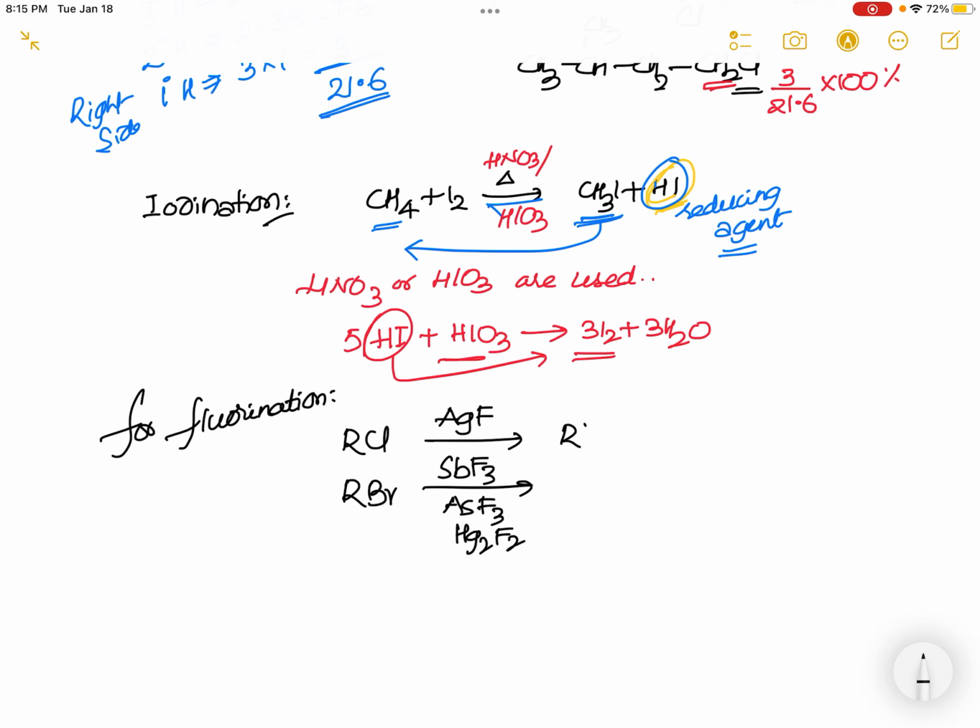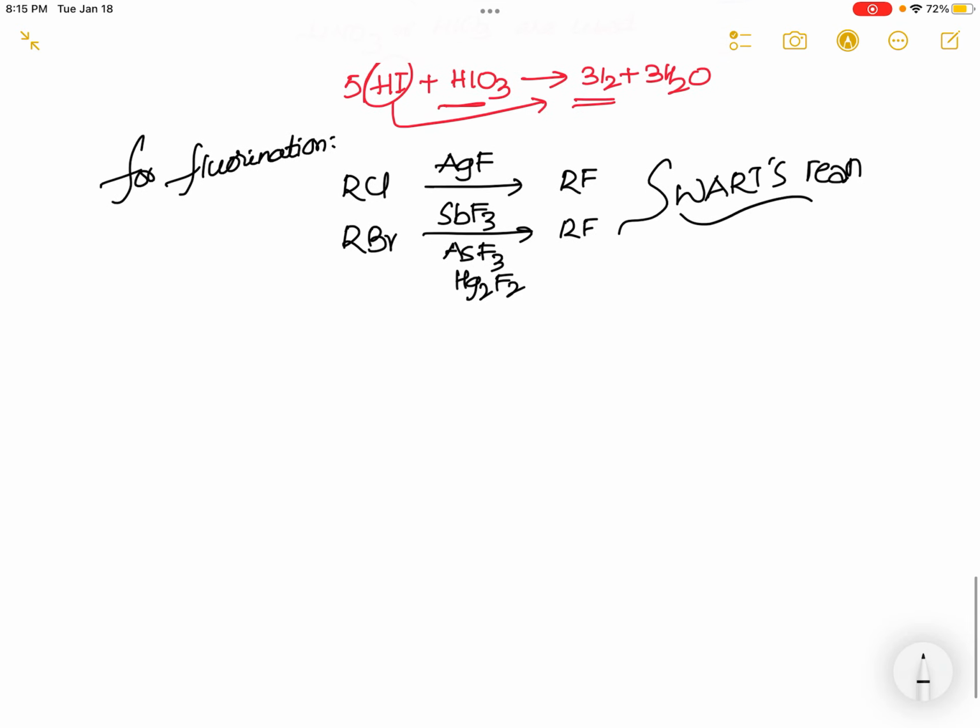All these are good, and you will be getting RF. All naming reactions are very important, so you can note this. Direct fluorination is not good, very violent, so we take an indirect method of preparation. First you prepare chlorides or bromides, then treat with AgF, SbF3, AsF3, Hg2F2. All these reactions are substitution reactions. Very comfortably you will be getting fluorides, and this reaction is called the Swarts reaction.